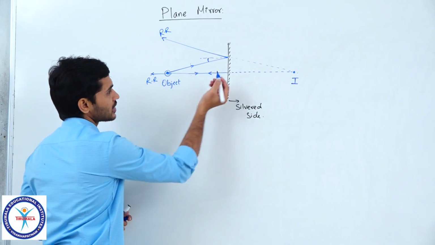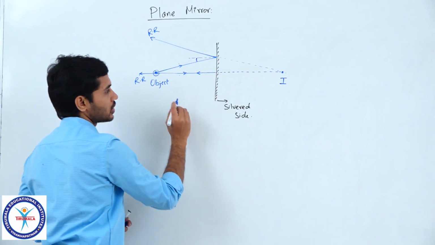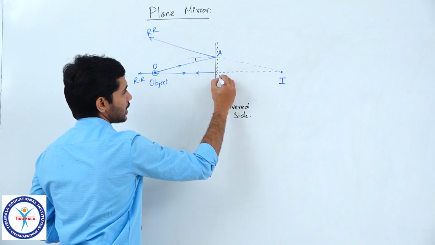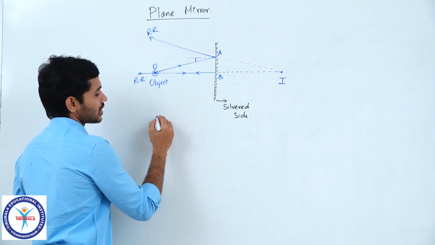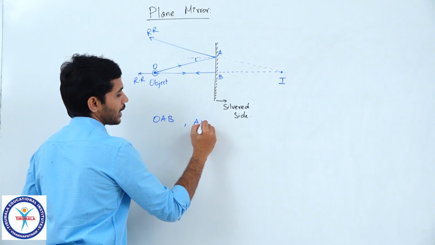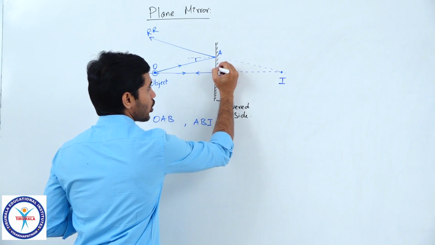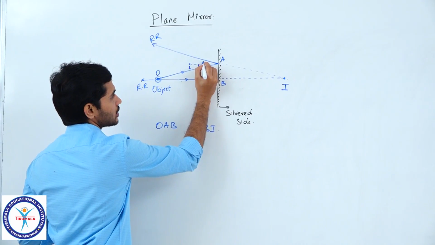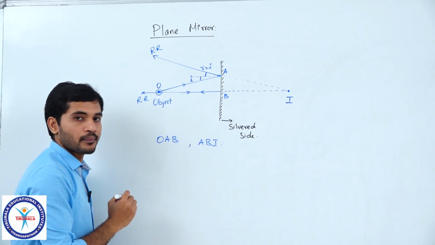If you look at these two triangles which I have drawn, let me name them. This is O, let us call this A, B, and that is I. So, look at the triangles OAB and ABI. You can see that one side is common for both, and we know that if this angle is i, this angle r is also equal to i, right.